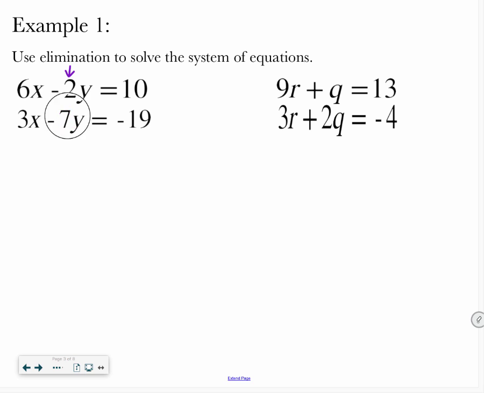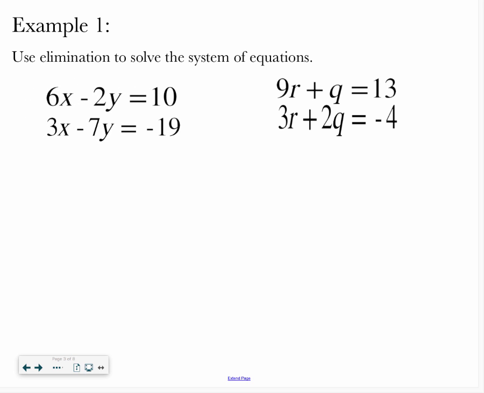Well, now we're up to having 4 different numbers, or coefficients, with our variables. So what we have to do this time is first we have to get it so that we have at least one coefficient that is the same.